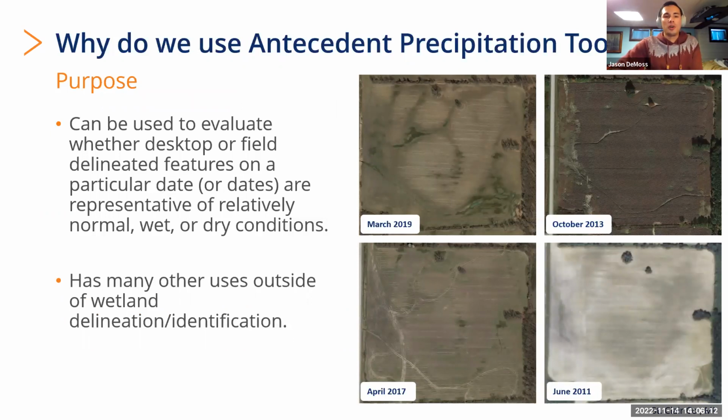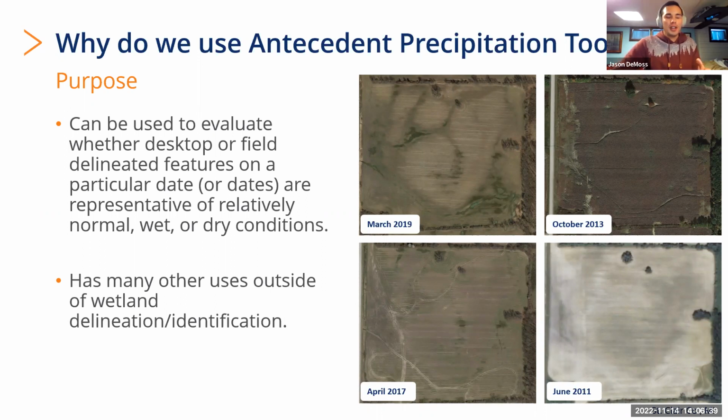You probably are all wondering, why do we use the antecedent precipitation tool? It can be used to evaluate, whether you perform a desktop evaluation or a field delineation, whether your features on a particular date or set of dates are representative of relatively normal, wet or dry conditions. It has many uses other than what we do for wetland delineation and identification.